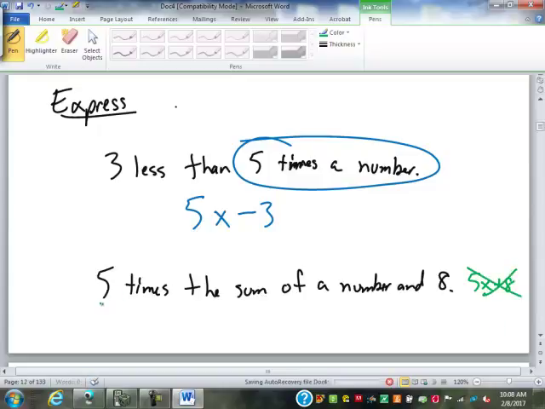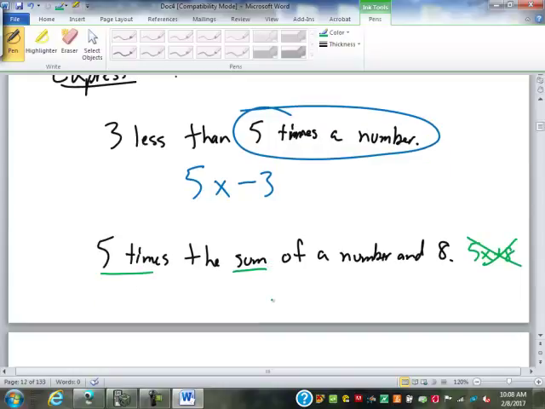It's 5 times the sum, which means the sum is the result of an addition problem. So that means we've done an addition first. So we're multiplying 5 times something else that's already been done. And what is it that's already been done? The sum of a number and 8, x plus 8. Perfect.